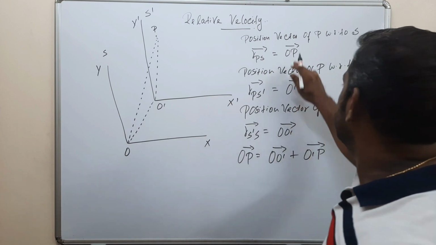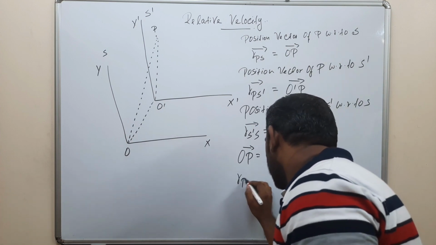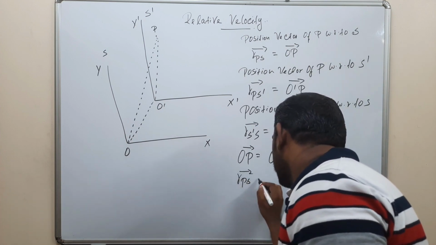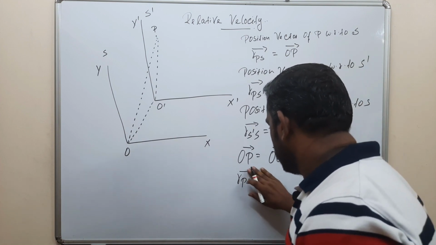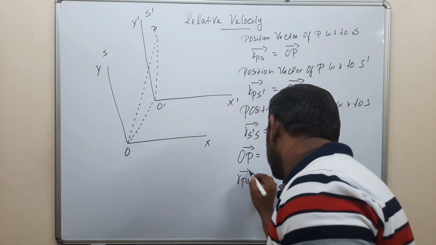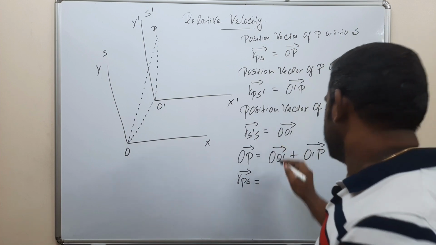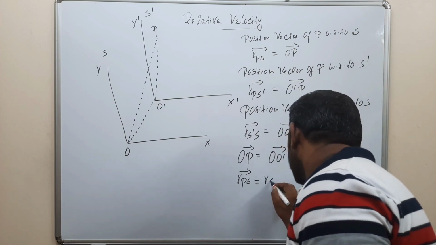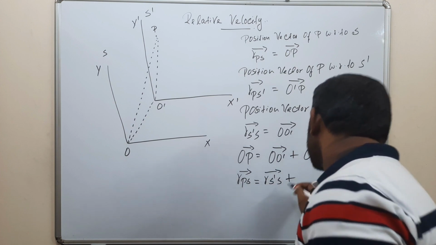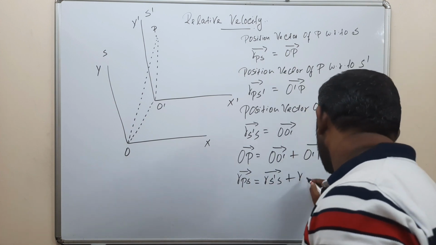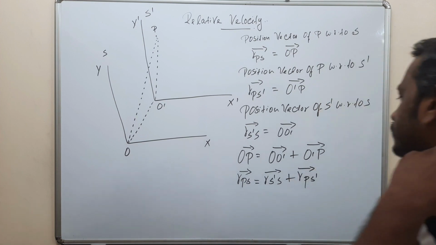So the OP vector, that is R P S vector, is equal to the OO dash vector, that is R S dash S vector, plus the O dash P vector, that is R P S dash vector.